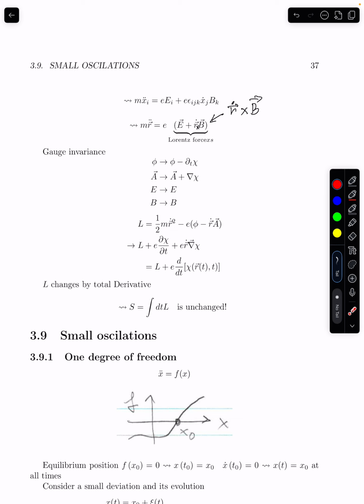So we will have this first contribution due to explicit dependence on t, and the second contribution is due to the dependence on r, which is also a function of t. And therefore, our Lagrangian changes by the total derivative, right?